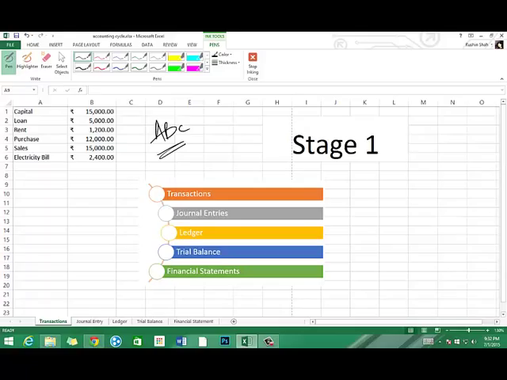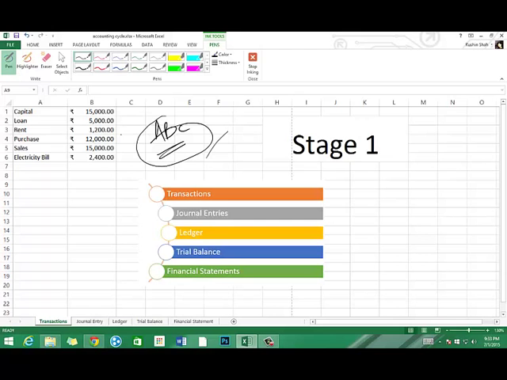We have taken a premises for rent at around 1,200 rupees per year, and then we have done some purchases and some sales, and then we have paid a bill, the electricity bill. So these are the transactions. This is stage 1. We have listed out all the transactions.